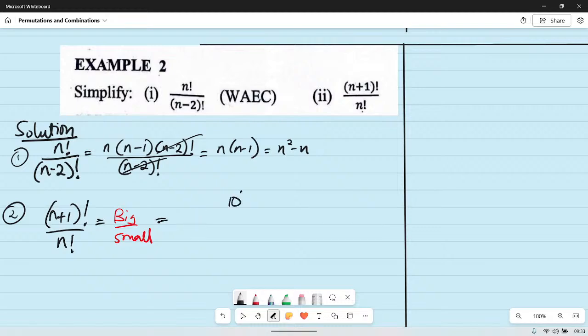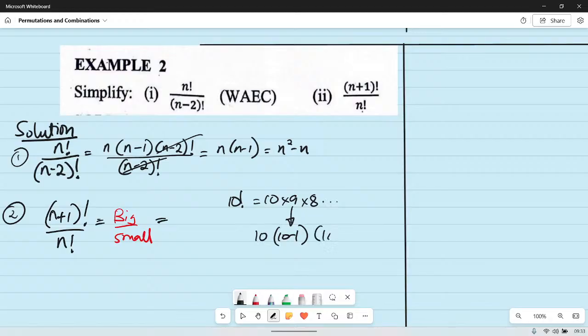If you are breaking 10 factorial down, how will you break it down? Times 9 times 8. Continue. You understand? Now, what is the 9? The 9 is the same as what? 10 minus 1. And the 10 will come by itself, right?